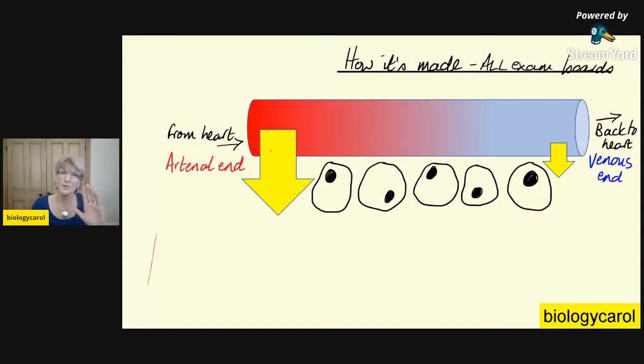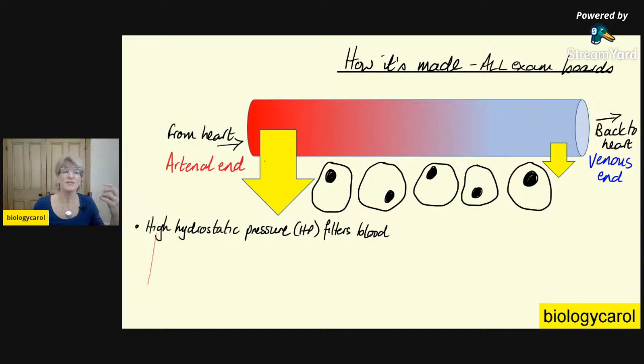And the other thing that I want to point out to you is that this is a pushing pressure. It's a positive pressure, and it is literally positive in terms of any numerical numbers that you will see on an exam board. So at this end, there is a high hydrostatic pressure, and I'll explain why it filters the blood.